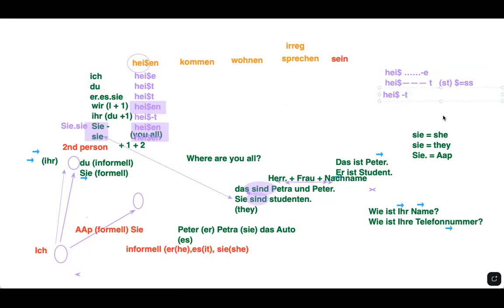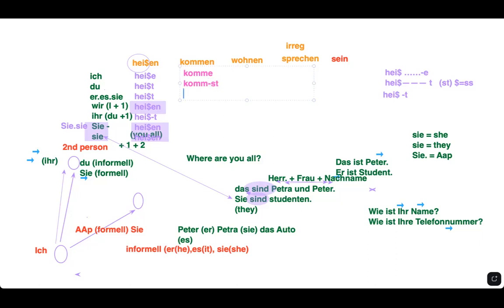Then heißt. Now you guys tell me, what is the conjugation of kommen? Ich komme, du kommst, right? Yes. No?